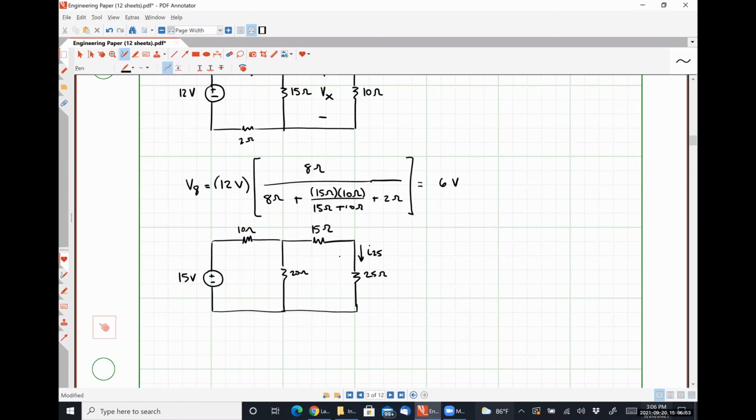So what I'm saying is that if we know what that voltage V25 is, we could figure out what I25 is fairly easily. Right? So that arguably begs the question, well, how the heck do we figure out what that voltage V25 is?